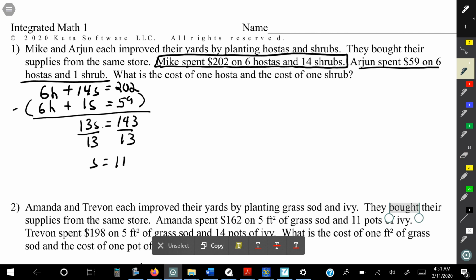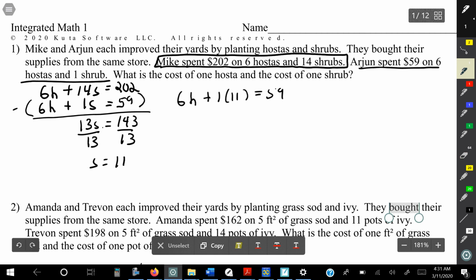All right, now we know how much the shrubs cost. What we're gonna do is take this shrub and plug it into the equation, and then find out about the hosta. You could pick either equation. You're gonna have 6H plus 1 times 11, because that's the shrub, is equal to 59. All right, now you're gonna solve for there.